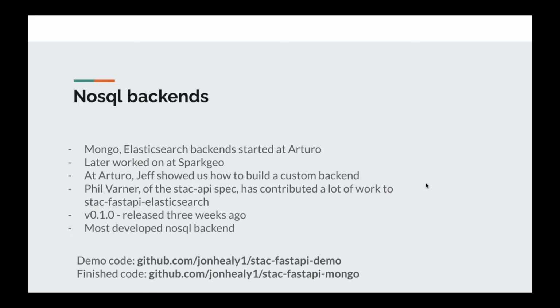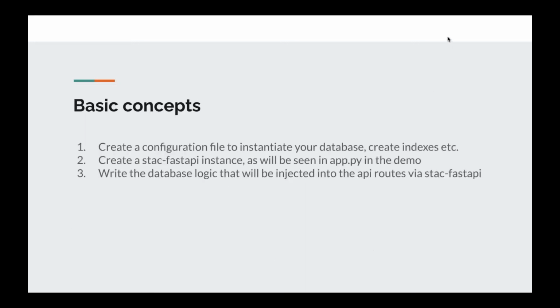Okay, yeah, Jeff, you can go to the next slide. So yeah, just the basic concepts here. You're creating your own STAC FastAPI backend. You create a configuration file, of course, to instantiate your database, create your indexes, tables if you need them. And then you create a STAC FastAPI instance, like in the demo, you'll see that with app.py.